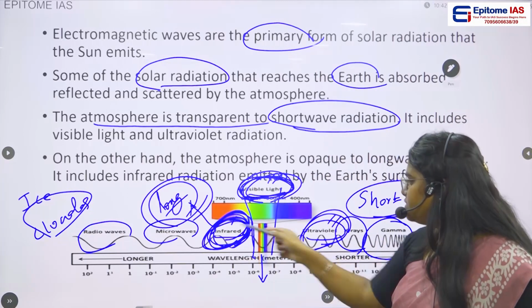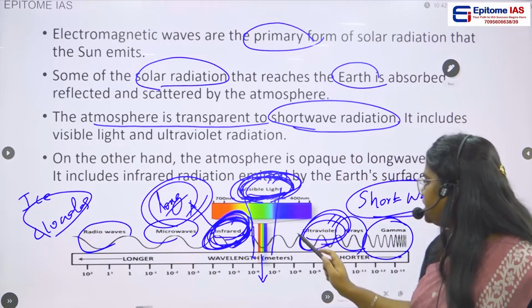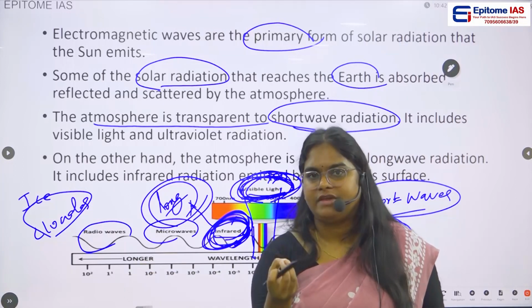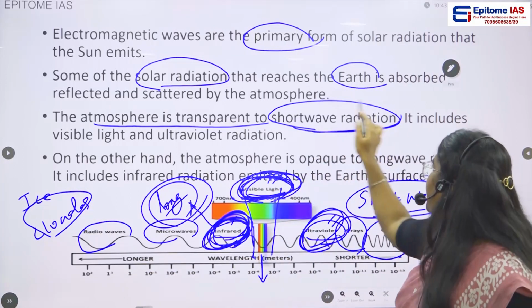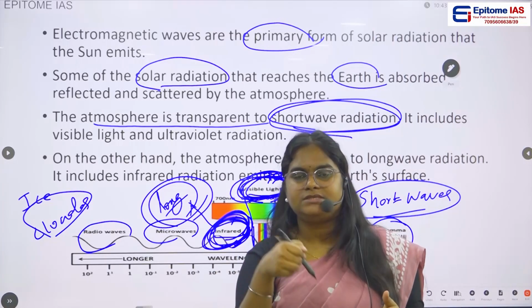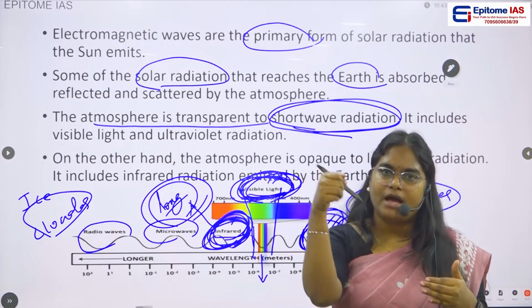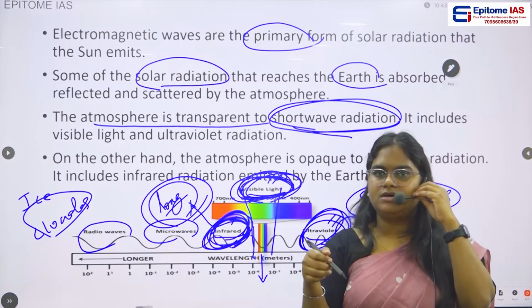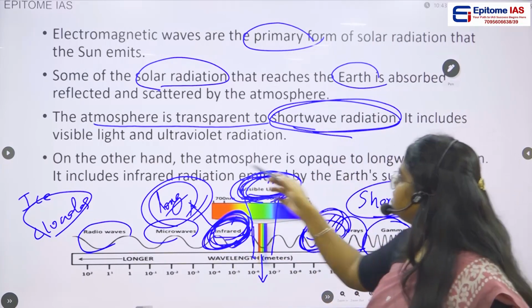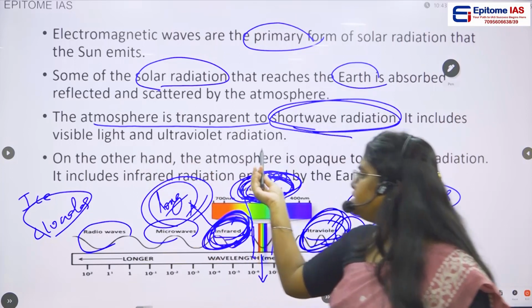If we see in this spectrum, the visible light and the ultraviolet waves are the short waves. So the atmosphere lets these short waves pass through to reach the earth's surface. It includes the visible light and the ultraviolet radiation.